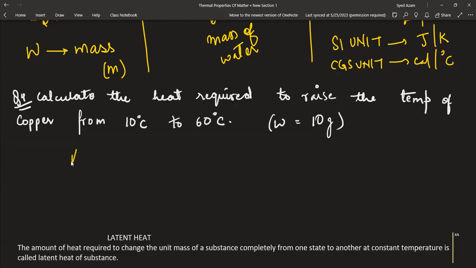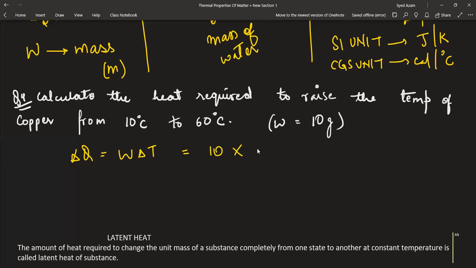So simply when you're calculating heat, it will be W into delta T. This is 10 gram, and this is 60 minus 10. So 500, correct. Aleena, whenever you're answering, remember you have to put the units also in your final exam.